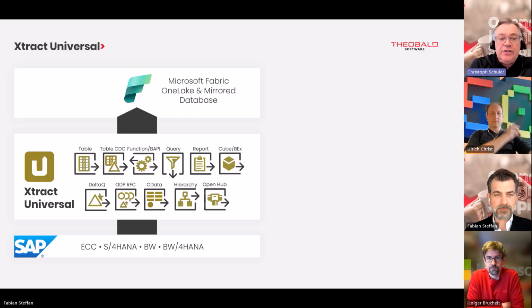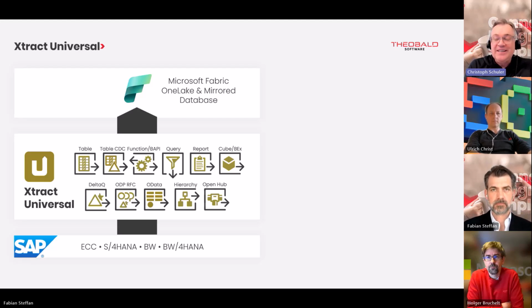I would say that's probably not as extensive as an ABAP add-on. But yes, there are some components that are required to make certain extraction types work. Table CDC is one of them, so that would not work without the customer importing those function modules.